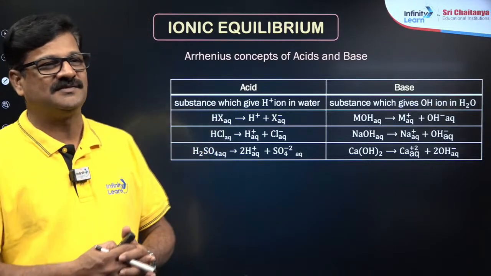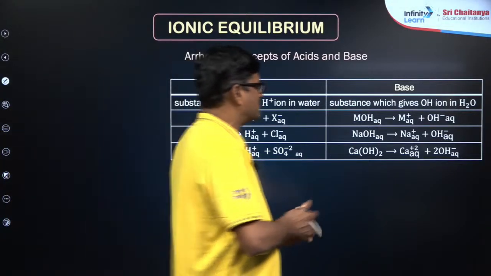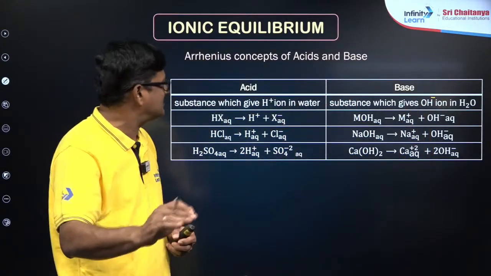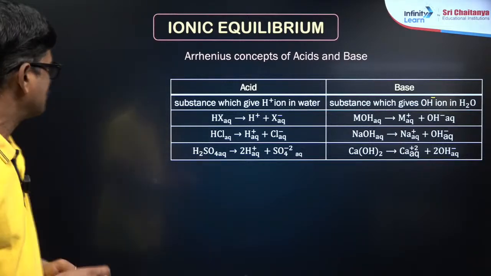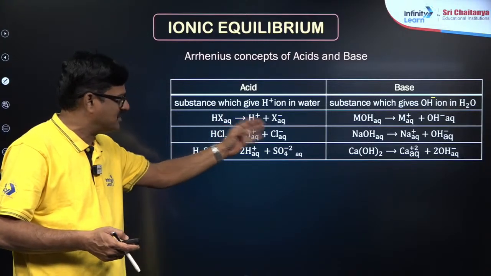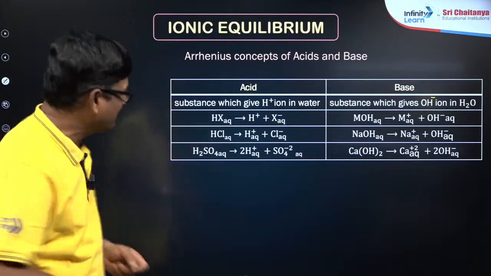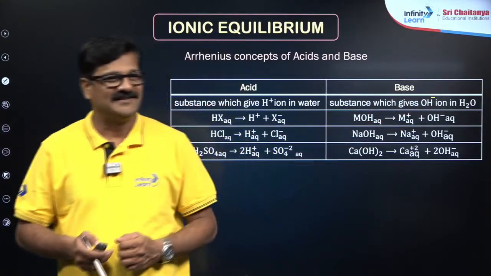Good afternoon. And base is a substance which provides OH minus ions in the aqueous solutions. This Arrhenius theory is only applicable for aqueous solutions. So you can say HCl gives rise to H plus and Cl minus, so it is an acid. And sodium hydroxide gives sodium plus and OH minus, right?